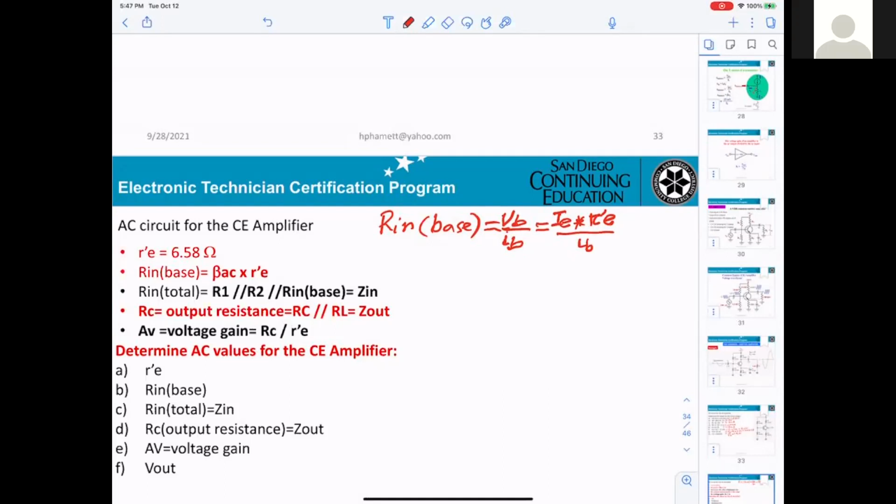So the IE should be little ie. They can use both, it doesn't matter. But using lowercase e, lowercase b tells you it will be AC. Okay, now what does ie equal?